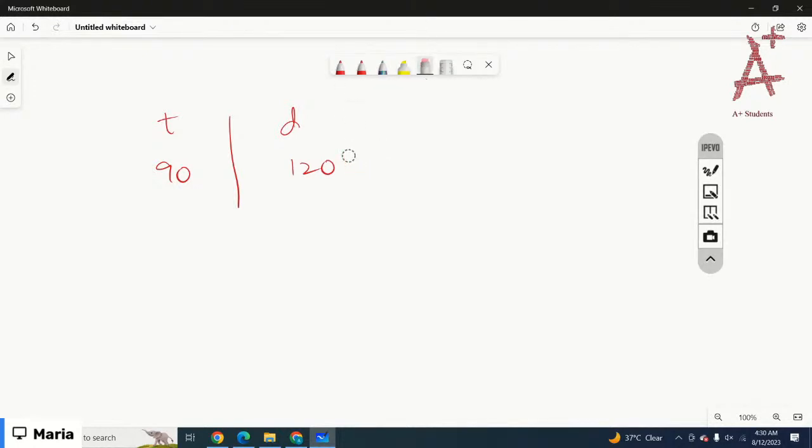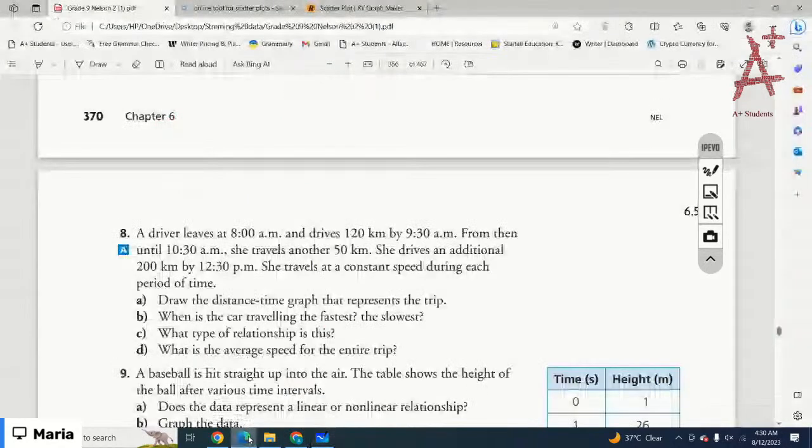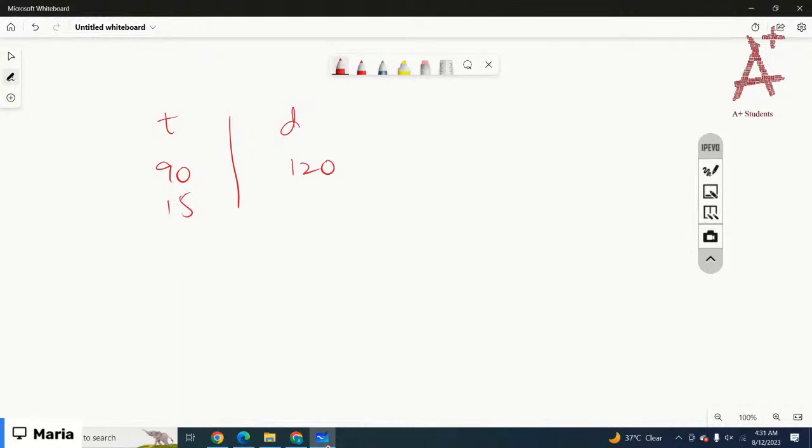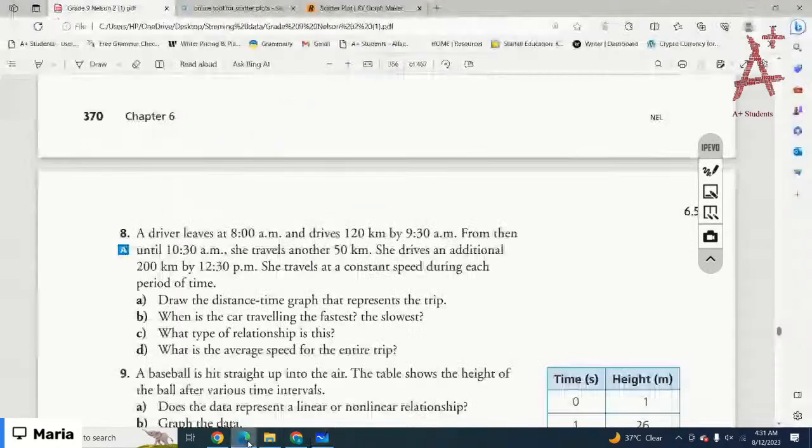Okay, then the next one is from then until 10:30. Okay, 1 hour more. So 90 plus 60 is 150. She travels another 50 kilometers. So 120 plus 50 is 170. So time is 150 and distance is 170. Okay, then she drives an additional 200 kilometers by 12:30.